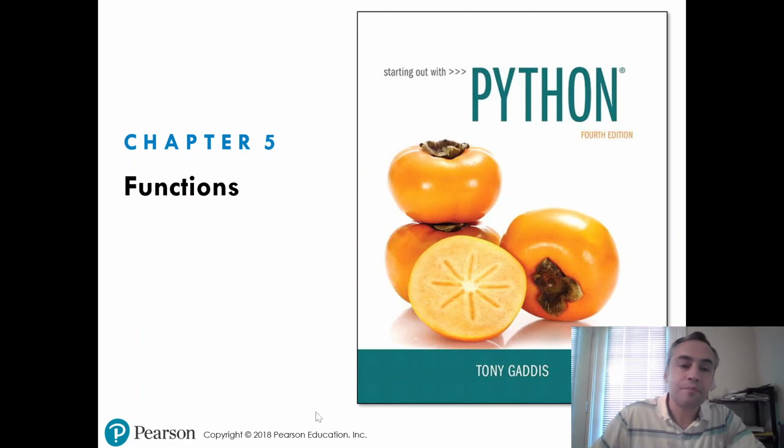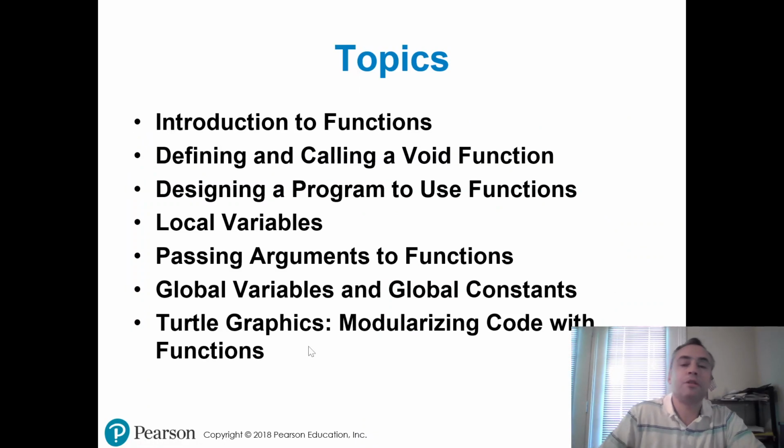Okay, let us say what functions are. We will talk about two types of functions, void functions and value returning functions. We will design programs using functions, and we will talk about local variables, global variables, and passing arguments to function parameters.